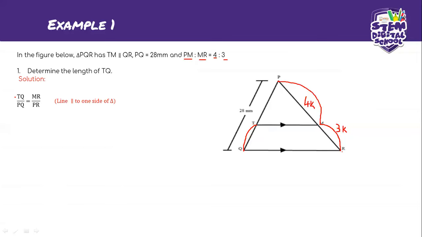You can see here, TQ, divided by a side where they gave us the distance, which in this case is PQ. You can see they have provided us with the actual length of PQ. So we said TQ divided by PQ.